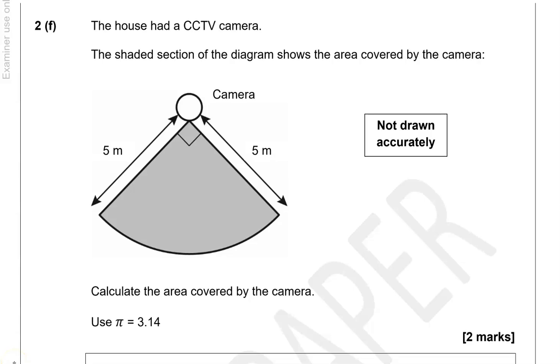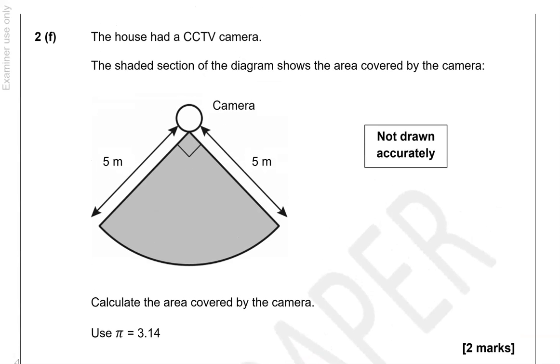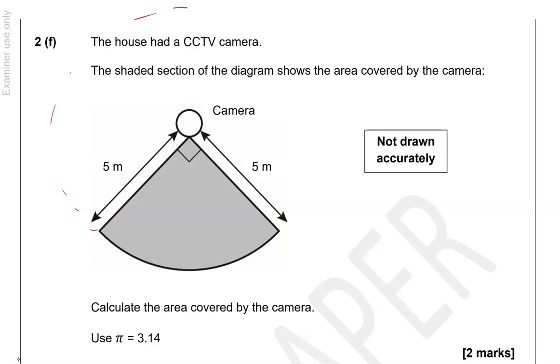The house had a CCTV camera. The shaded section of the diagram shows the area covered by the camera. Calculate the area covered by the camera. Use pi equals 3.14. So the area of a circle is worked out using this formula, pi r squared. That will give us the area for the full circle.